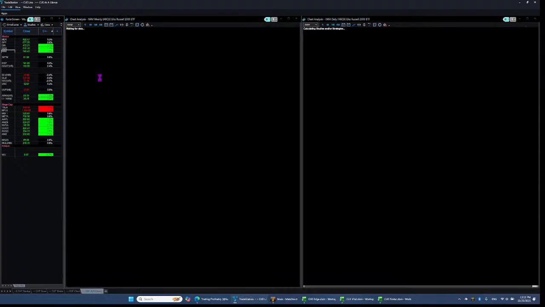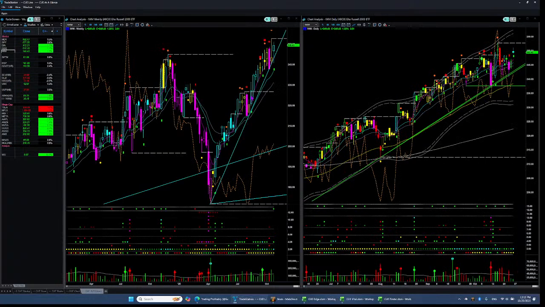IWM made a new all-time high on a closing basis in the weekly at least, probably not in the daily. We can see not in the daily. Daily did not make a new all-time high on a closing basis, weekly made.